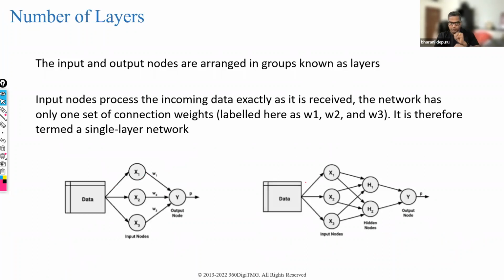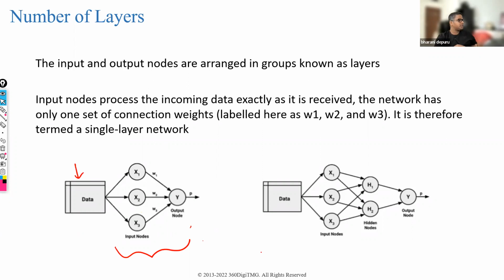I have a basic question for you. If I have a data set and a neural network architecture like this, what is this called as? Perceptron or multi-layered perceptron? Given the understanding that we are at until now. Is it called as perceptron or multi-layered perceptron? What do you guys think? It is perceptron.